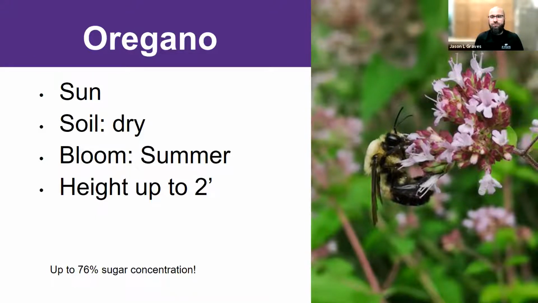We want to wait till those bees have a chance to exit that habitat, the stem or wherever they're overwintering. Another option is you can cut those stems and pile them in the back of the garden and just wait until the temperatures are nice and warm. Some people do it different ways, but I like to shoot for daytime temperatures of 50 to 55 degrees on a consistent basis.